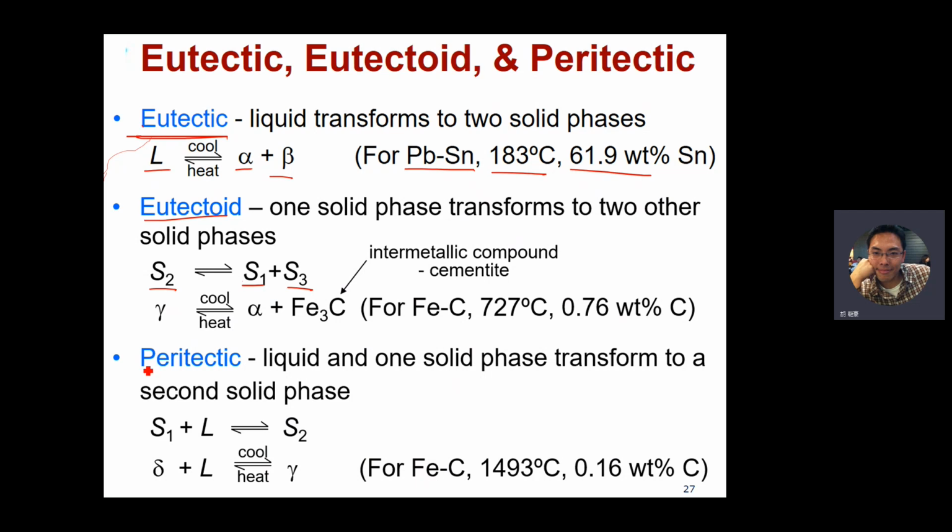And for the peritectic that I already mentioned, the liquid and one solid phase transform to a second solid phase. So one solid and liquid transform to a second solid phase.